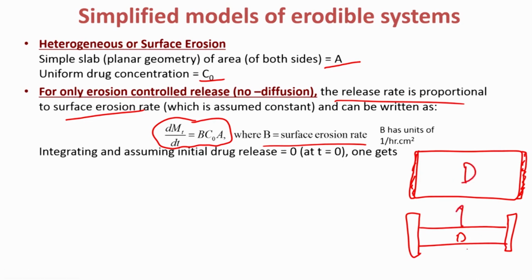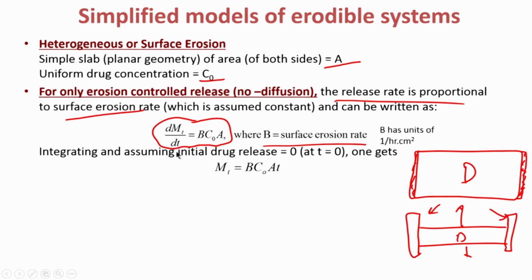In this case your area remains constant, but this is very sparingly used now because you leave 2 non eroding surfaces there. But anyway, dM/dt can be modeled with the surface erosion rate as described here.